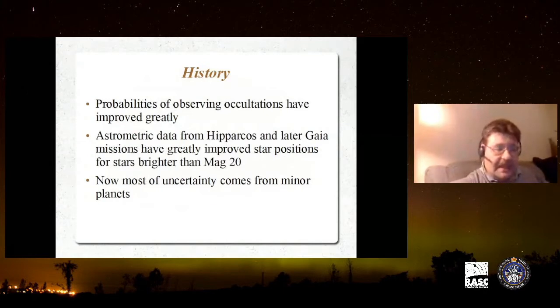And so asteroid occultation observing makes asteroid occultation observing easier for the future, because knowing where an asteroid is now to a high degree of accuracy means that you'll be able to get very accurate predictions for it in the future.